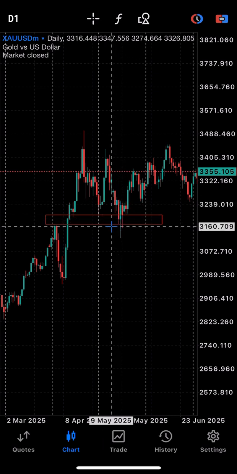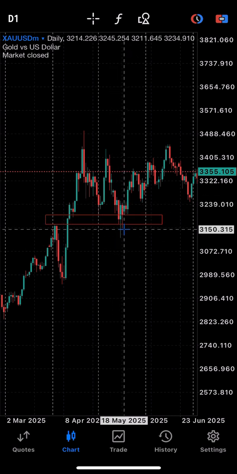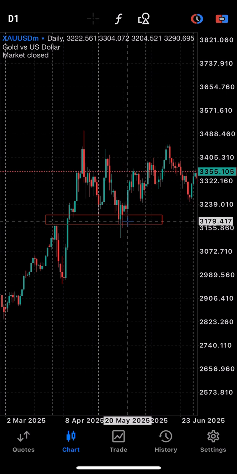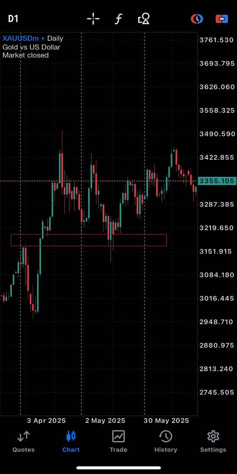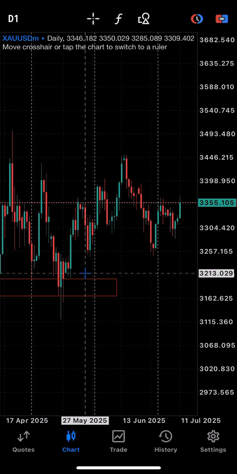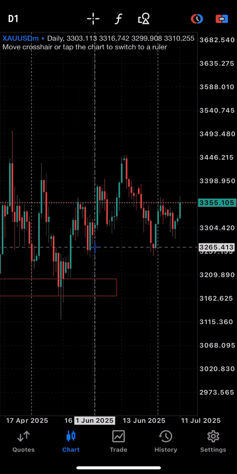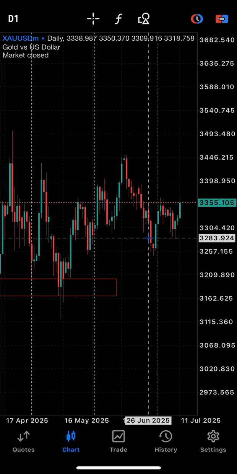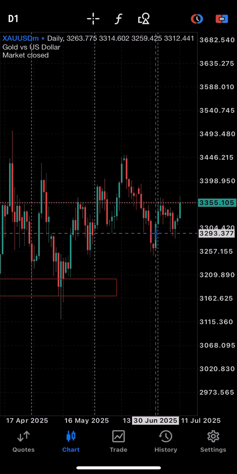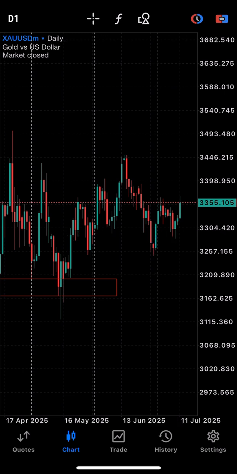All right, so the market came back to the zone here again, and then it made a very strong rejection on the daily time frame. And then the market went up, right? So for me, the market has been bullish. Also on the daily time frame, you can see that it formed a demand zone here.